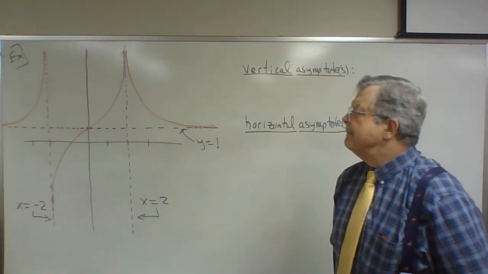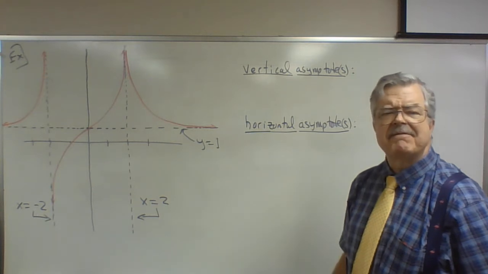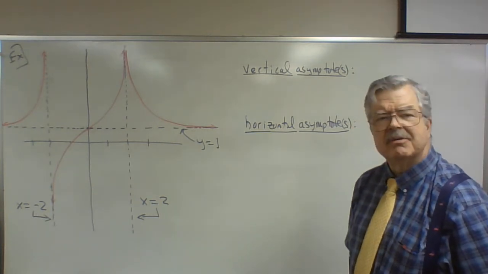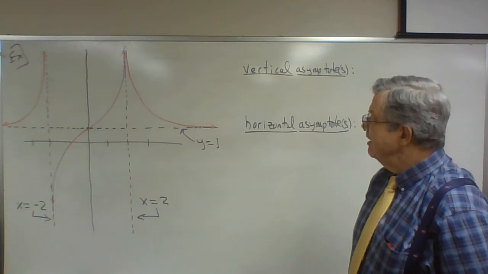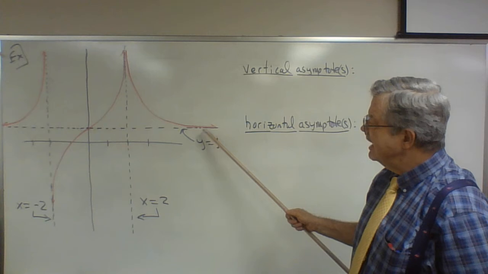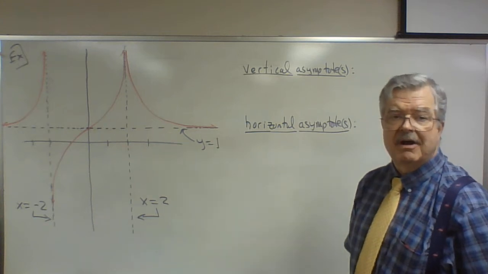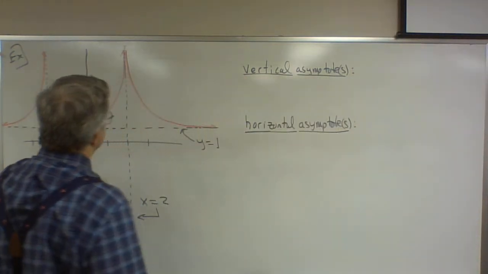Another example. This graph has some asymptotes. Can you pick them out? As far as horizontal asymptotes, the line y equal 1 is a horizontal asymptote. And here's the reason.